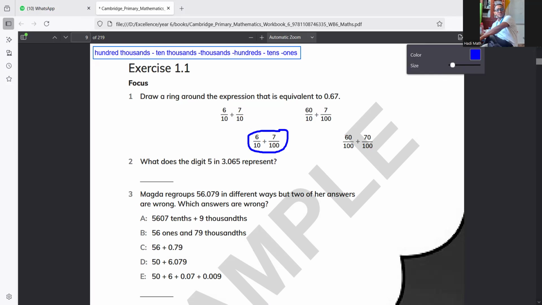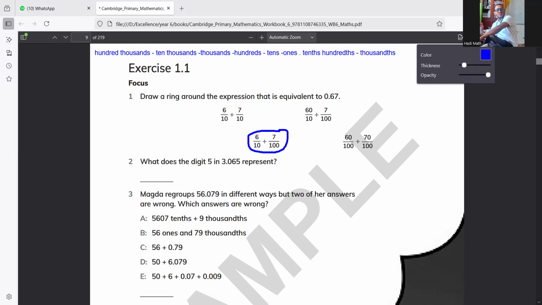After the decimal point, you have tenths, and you have hundredths, and you have thousandths. So this is what you have. I'll make this decimal point so clear, so it could be clear for everyone. This is a decimal point.